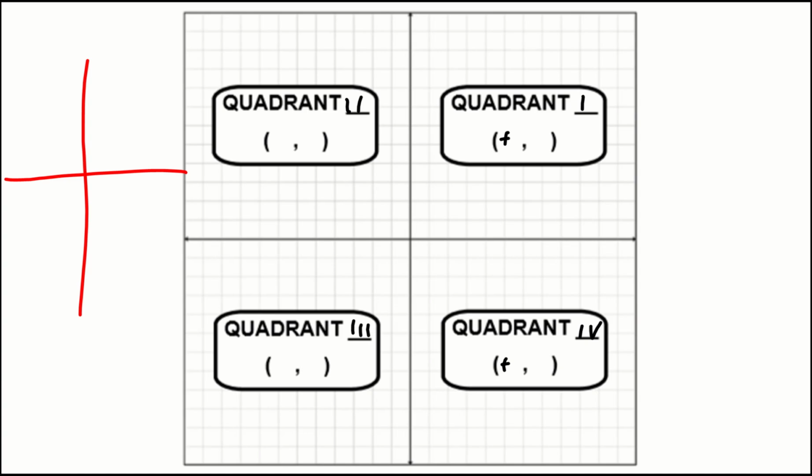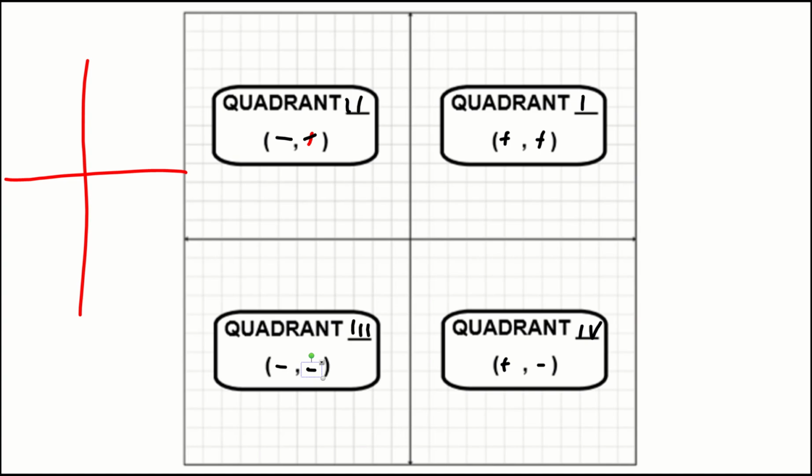Any quadrant on the left side is going to have a negative x value. All right, then your y-axis goes up and down. Which direction's positive there? Up. So anything on the top half are positive y values. Anything on the bottom half are negative y values.